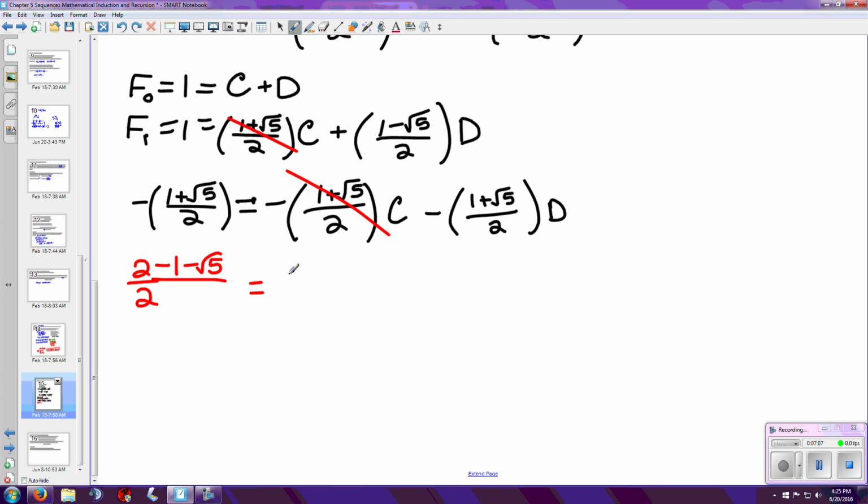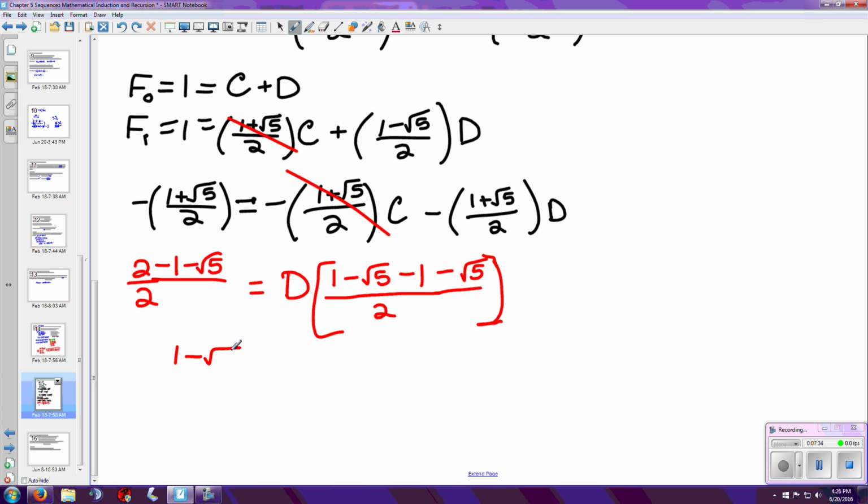And then we have d times, they're both over 2, so we have 1 minus square root 5 minus this thing, right? And again, these are all over 2. So then it's minus 1 minus square root 5. Okay.